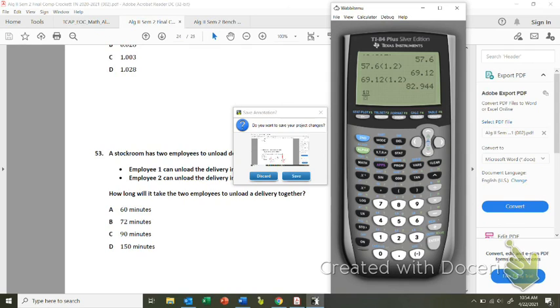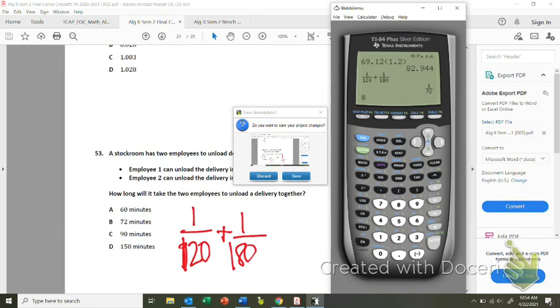So 1 over 120 plus 1 over 180 equals 1 over 72. So how long will it take them? 72 minutes.